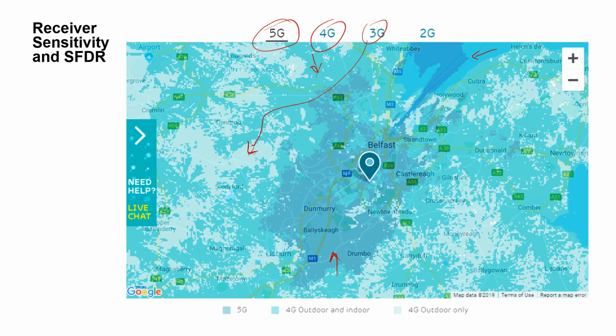Also a good portion inside our sea where ferries go to either Liverpool or Scotland. So 5G is covering a good area in Belfast, but there is one important note: currently whatever is launched in the name of 5G is sub 6 gigahertz 5G.